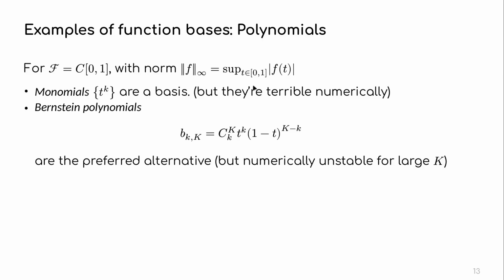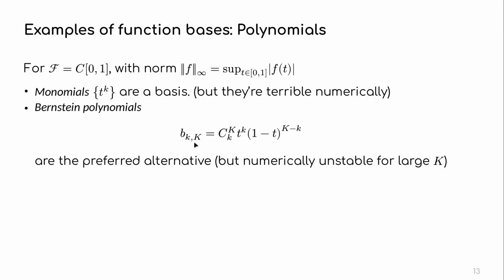But they're not great. Numerically, they're horrible, so we never use them. A better approach, which is stabler, is called Bernstein polynomials, and they're defined as this ugly expression where you have a binomial coefficient and then t to the power of k times 1 minus t to the power of n minus k.